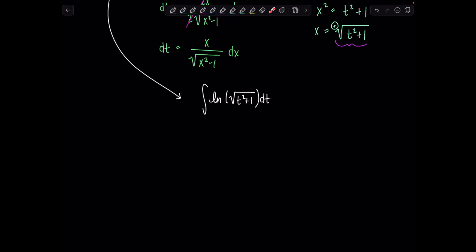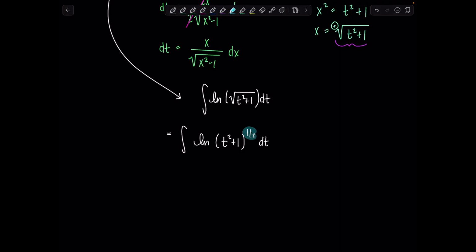Now, one thing though, I am thinking ahead. If this is u, I have to take the derivative. And I'm going to have kind of an obnoxious chain rule situation because of this radical. So I'm going to make use of my logarithm properties to make this a wee bit easier on myself. And rewrite this as natural log t squared plus 1 to the 1/2 dt.